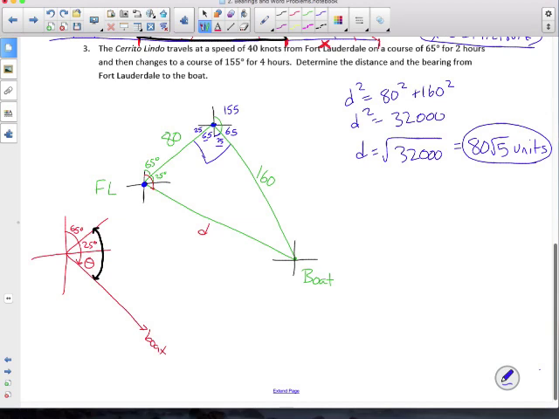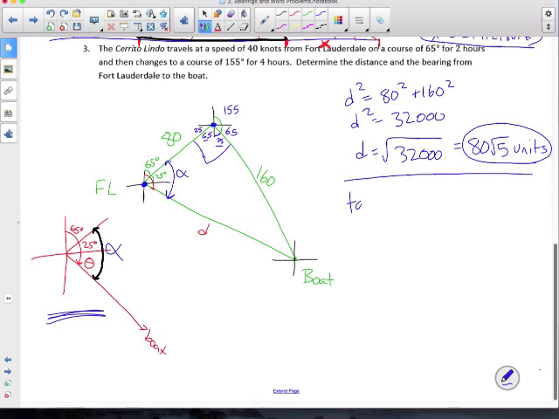All right, so now let's focus on finding the bearing. Remember that that's where this little extra drawing over here comes into play. I'm going to label this entire angle, measured by the big dark line, as alpha. Inside this triangle, here's my little alpha value. I'm going to use tangent.